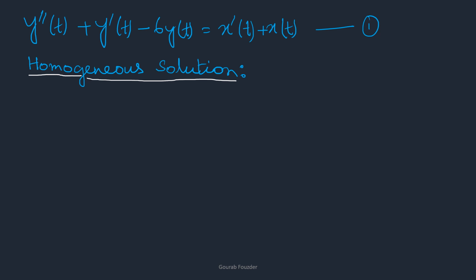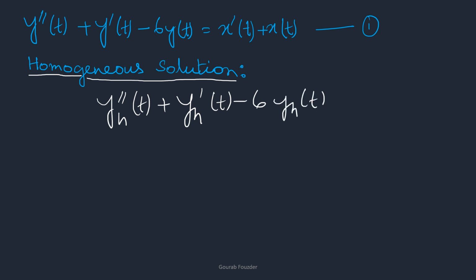To get the complete solution of equation 1, we must find the particular solution and the homogeneous solution. And to get the homogeneous solution, we need the homogeneous equation. Here it is y_h''(t) + y_h'(t) - 6y_h(t) = 0, and this is our equation number 2.